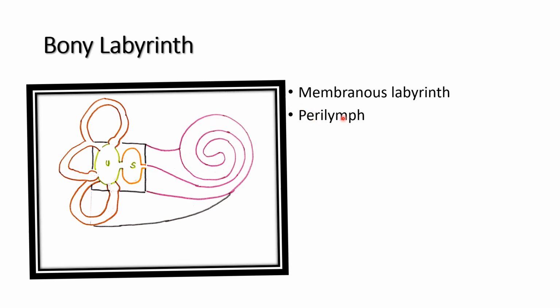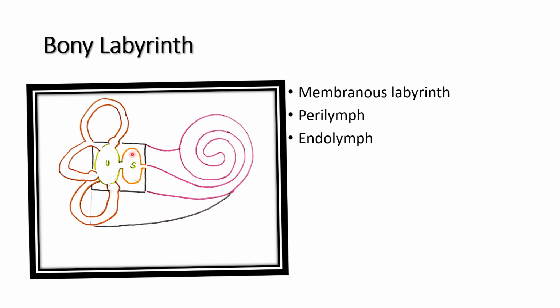It is similar to the extracellular fluid, high sodium, low potassium. Within the membranous labyrinth, it contains the endolymph. It is similar to the intracellular fluid, with high potassium, low sodium.